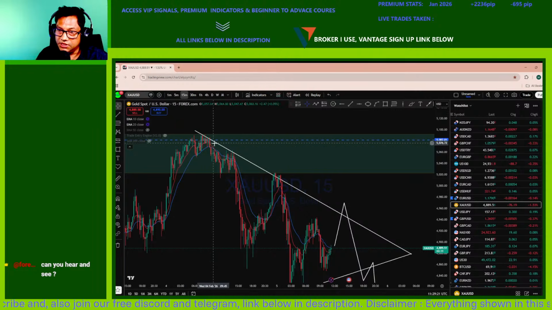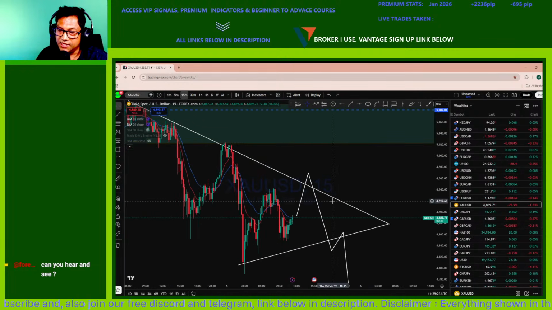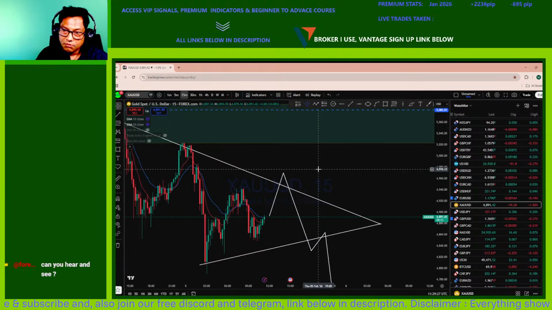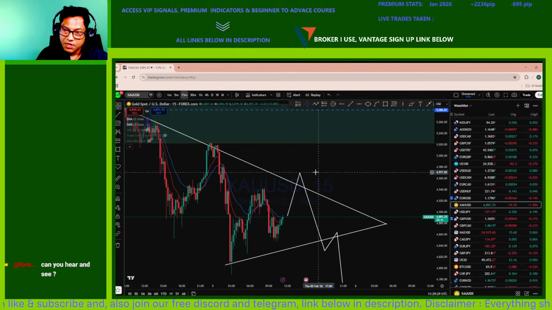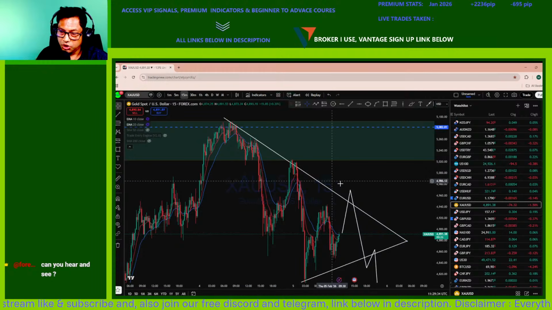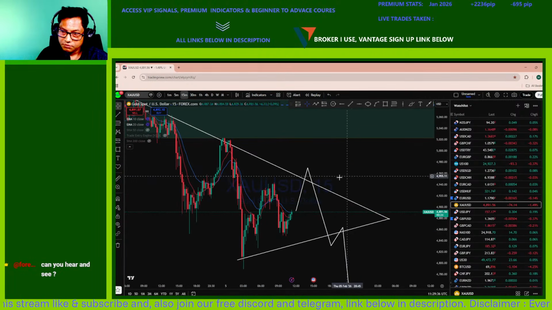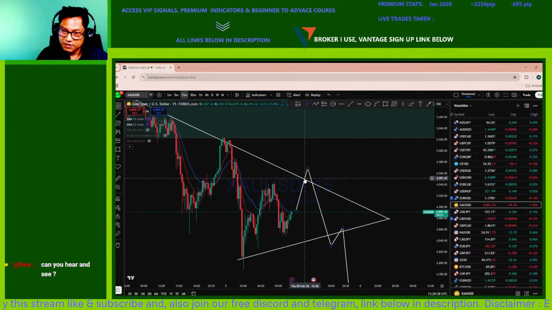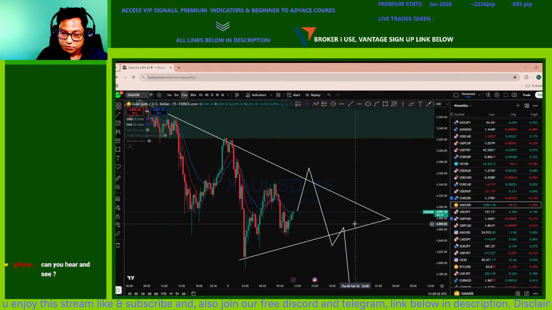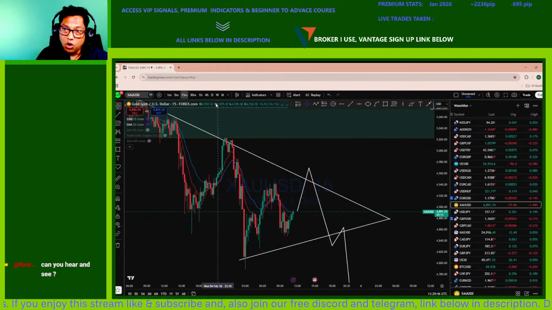With this resistance that you can see, the price is slowly approaching back above here. With that approach to the resistance line, we may see the market fill that zone and then come back to that support again, because of the longer term trend.